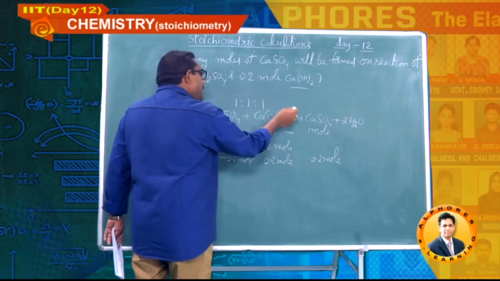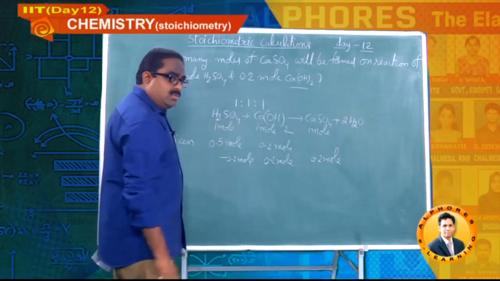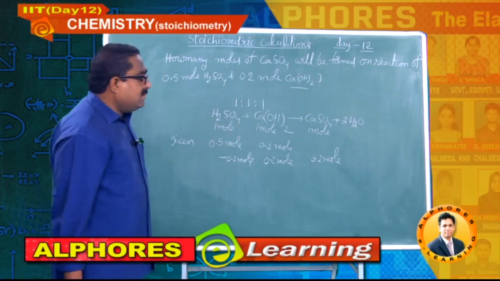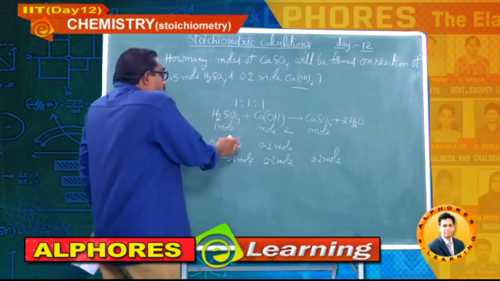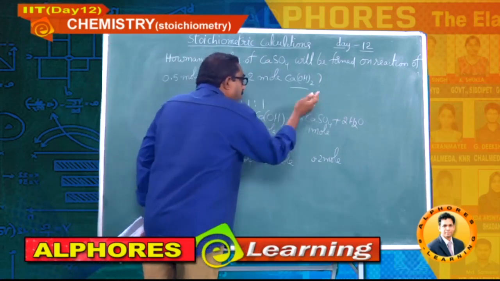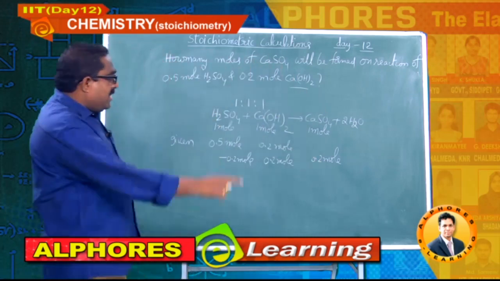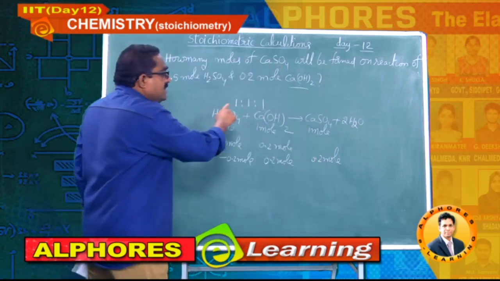If you want to include H2O, you can write 1:2 also. No need for us as of now. So, 0.2 moles combines with 0.2 moles and forms 0.2 mole of calcium sulfate, because the mole ratio is the same, 1:1:1.